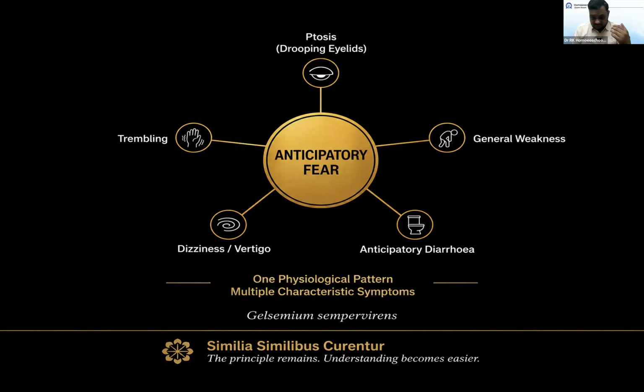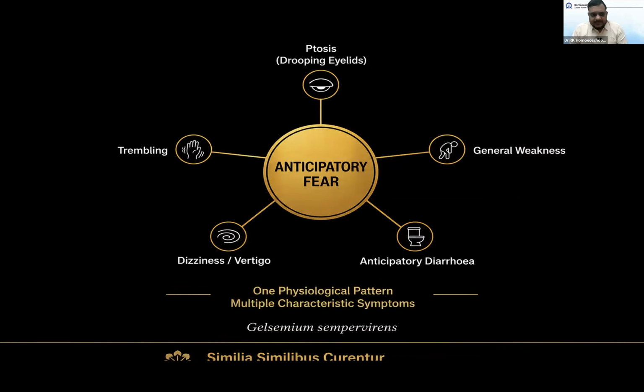What is the property of Gelsemium that makes this drug so symptomatic? The thread we use is a book by my father, Physiological Keynotes of the Medicine. In that book he has written on Gelsemium. I will share that screen with you right now.